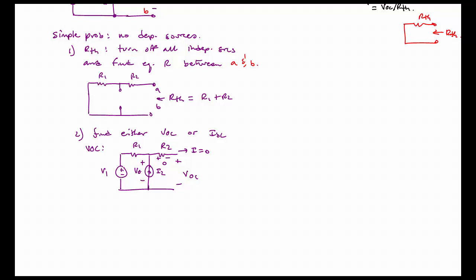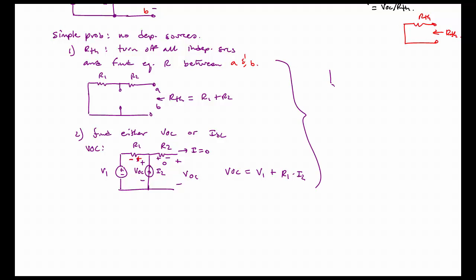And that's easy to find because by KVL around this left loop, I can easily see that V open circuit is going to be equal to V1 plus whatever is dropped right here across R1, and it'll be R1 times I2.